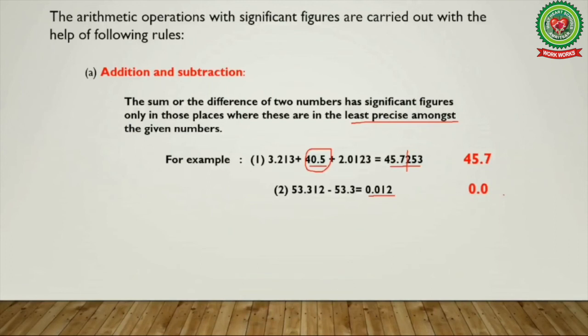Because in case of decimal places, you have to see how many significant figures are there, and it should be minimum. Here the minimum after decimal place is only one significant figure, and here three significant figures. So you have to choose the minimum. That's why the answer is 0.0.